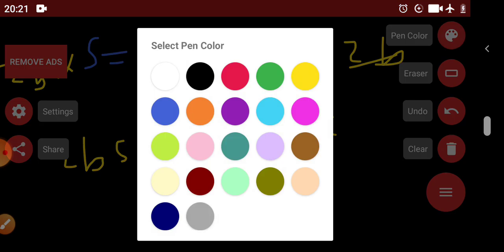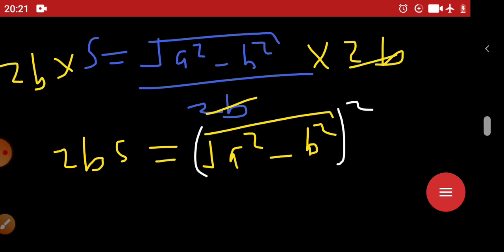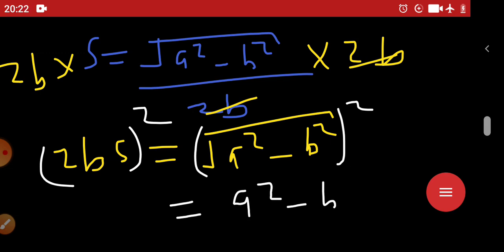Then we need to take the opposite. How do we remove a square root? By squaring. So we need to square both sides, and what is left here is a squared minus b squared, which is what is inside. This side we have 2bS all squared.